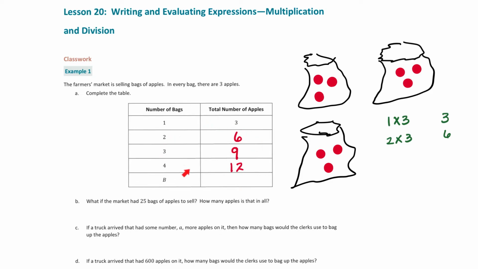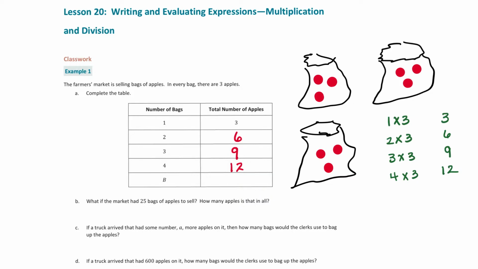The only difference is that in the table, they didn't give you the whole process, but sometimes it's good to write it because it reinforces your thinking and it also helps your brain. So if I do 4 bags, keeping the same pattern of adding 3 apples to every bag, it's gonna be 12 apples.